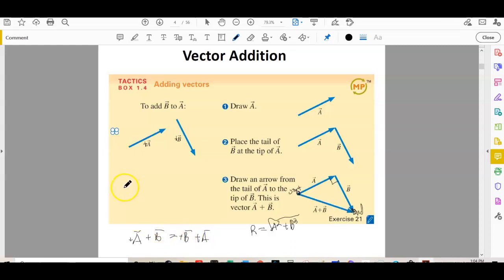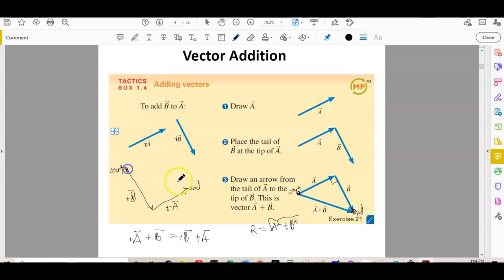right? So you could take the head of B and add it to the tail of A, and so you started here, then you end here.